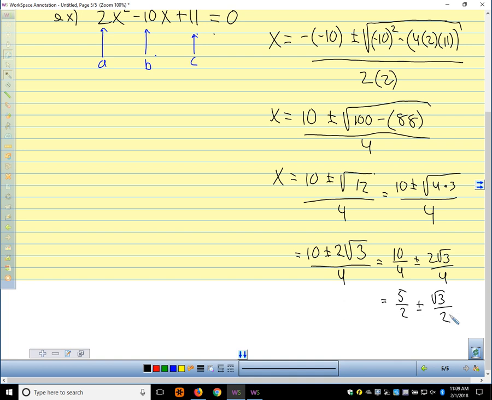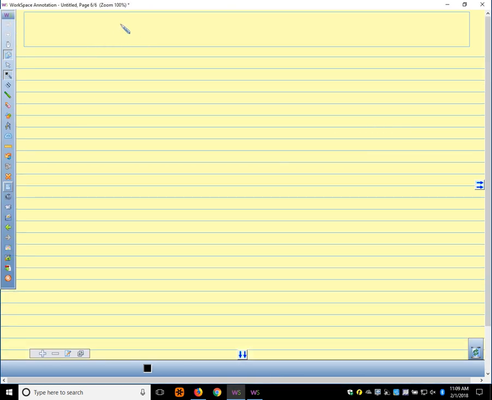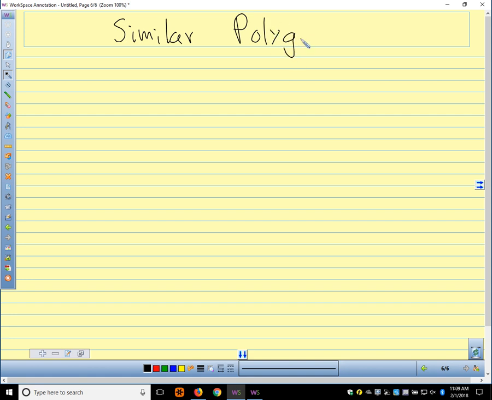All right, now this next section is actually 7.2 about similar polygons. So far, we have talked about shapes that are congruent. And what was the way that we talked about congruent, our everyday way of saying things, how we knew when things are congruent?